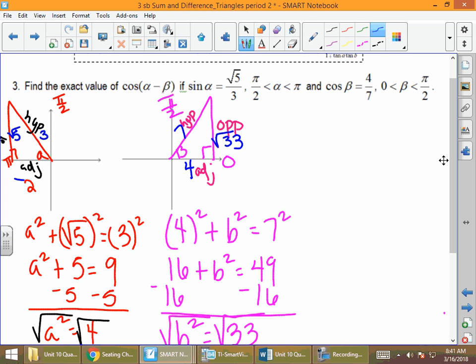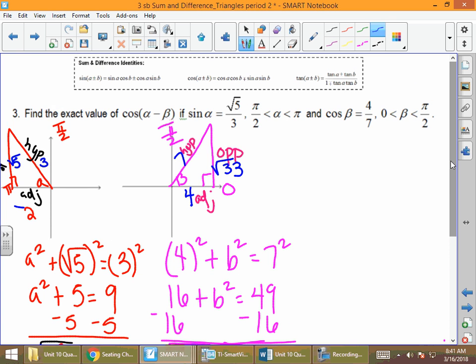So we followed our 2 steps. We've determined the quadrants, we've found the missing sides, now we want to use our formula, and it's cosine. If you look at the top of your paper, you can see the cosine, and in this particular case, it's going to be the cosine of alpha times the cosine of beta, but because it's minus here, we're going to have to use the bottom sign.